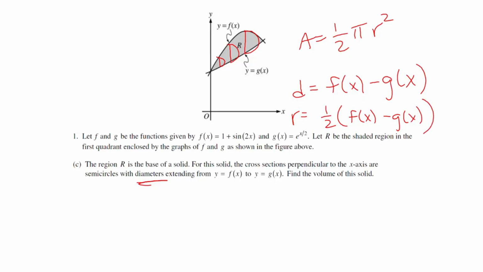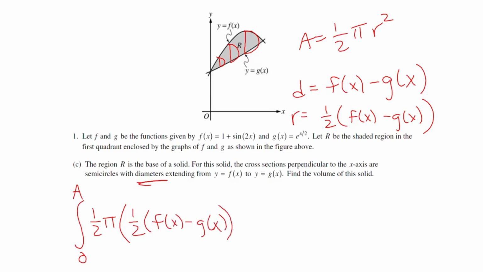And so now we just plug that into our area formula and integrate from 0 to that same a value. So we're going to have a 1/2 pi, and then times our radius squared, which is 1/2 of f of x minus g of x. And I think it's simpler if we just pull all the constants out into the front.